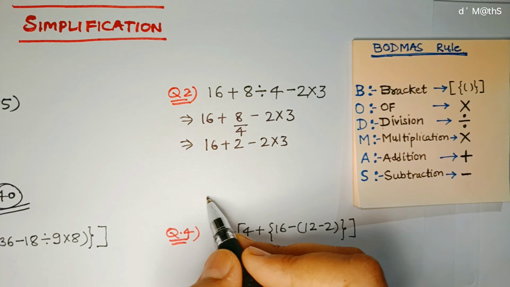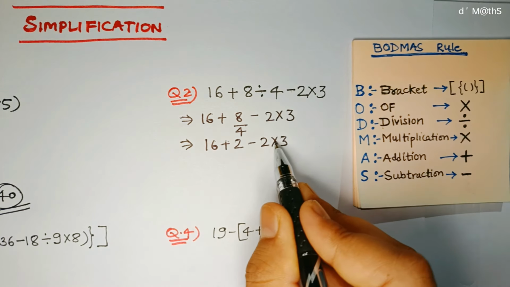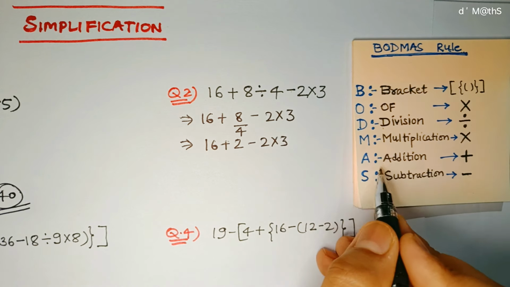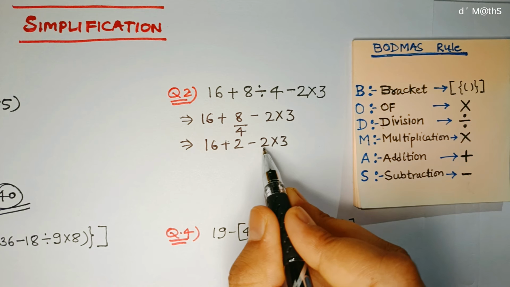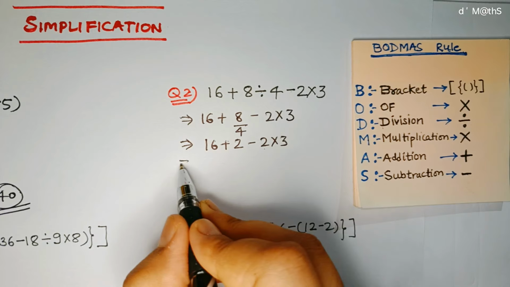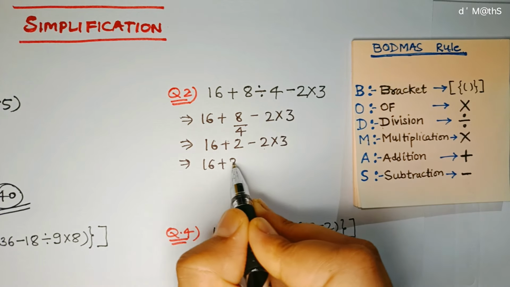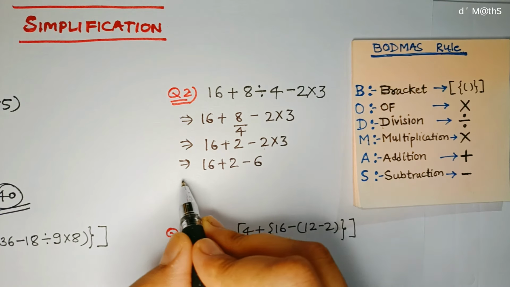After that, only three signs are left, and after division you have to multiply. So multiply 2 into 3. Here multiplication works. So it will be 16 plus 2 minus 2 into 3, which is 6.